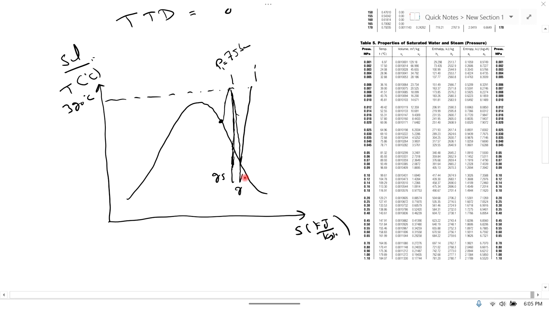And now again it expands up to point 2 dash. Here this is 2s dash, and the real value is something like a curve, 2 dash. And now this is expansion toward the condenser.